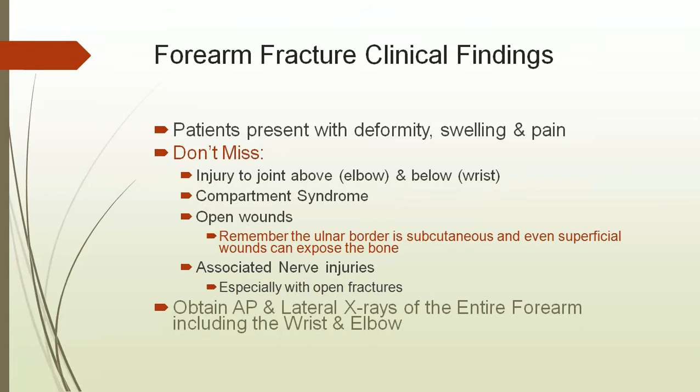You must also check for an open wound, because the treatment of open wounds is different. You also have to check for associated nerve injuries, especially in open fractures, and document it properly.